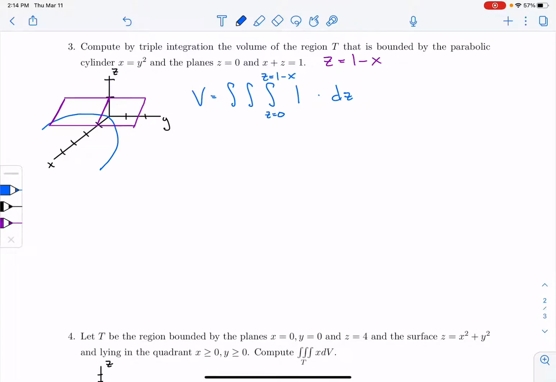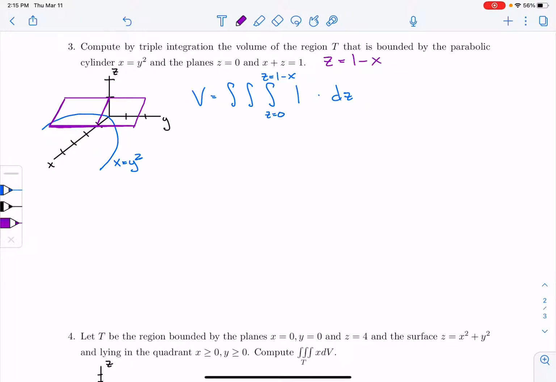Then I'd like to describe the region with the parabolic cylinder. So that region is going to go from x equals y squared out to where the plane hits the xy plane.